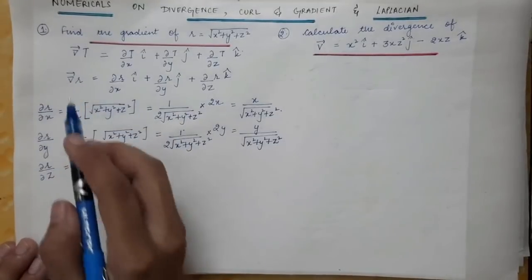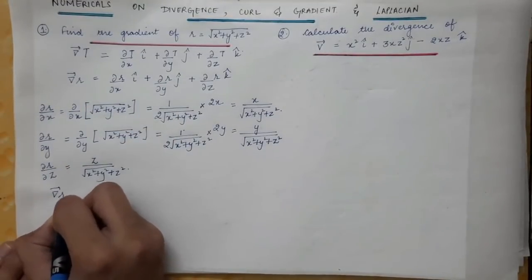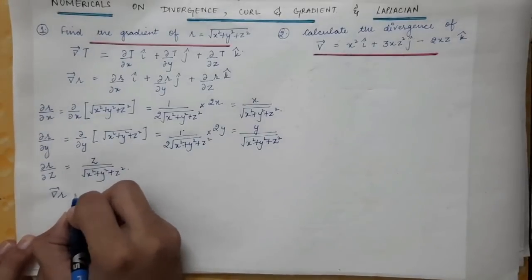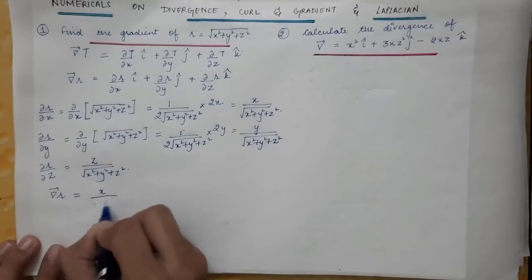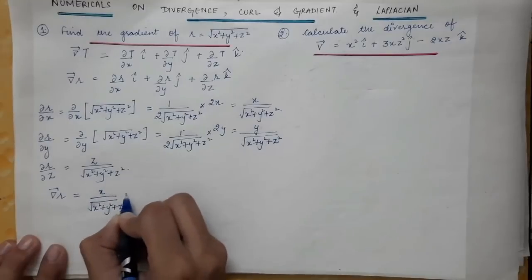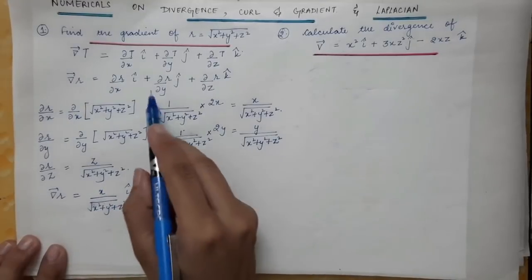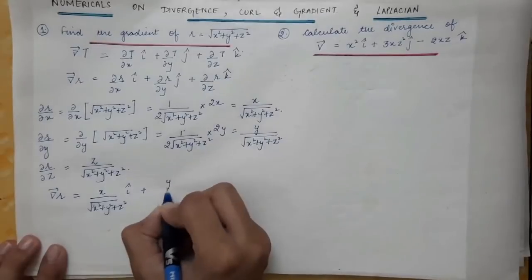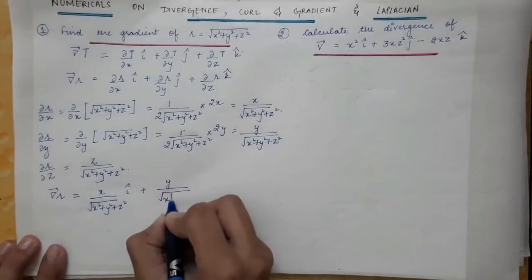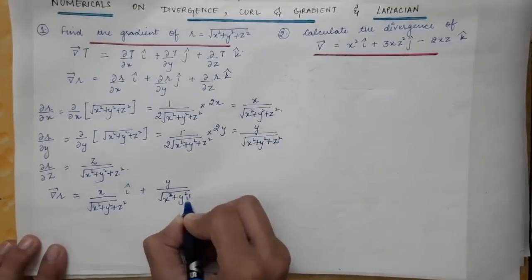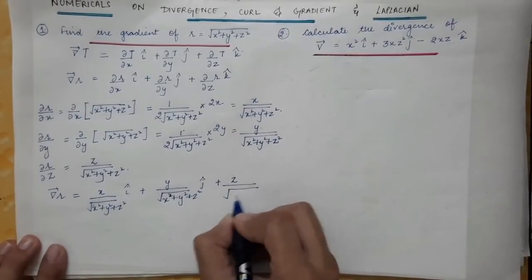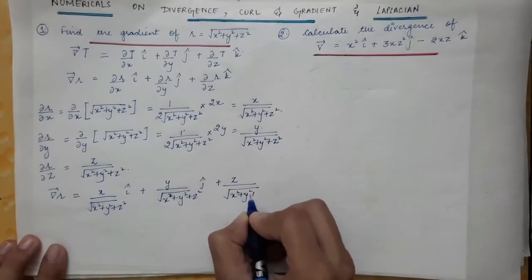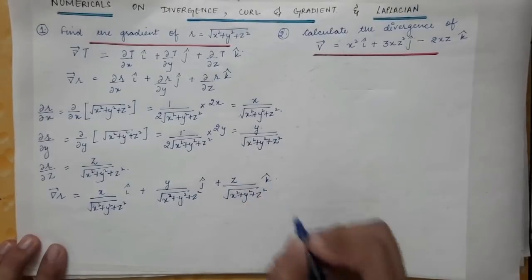So the gradient of r will be equal to del r by del x, which is x divided by under root of x square plus y square plus z square, i cap, plus del r by del y, which is y divided by under root of x square plus y square plus z square, j cap, plus z divided by under root of x square plus y square plus z square, k cap.